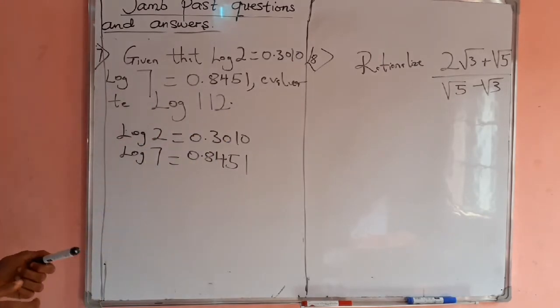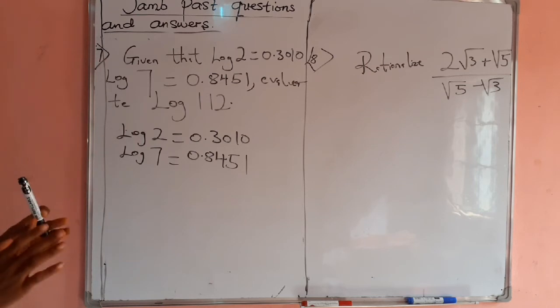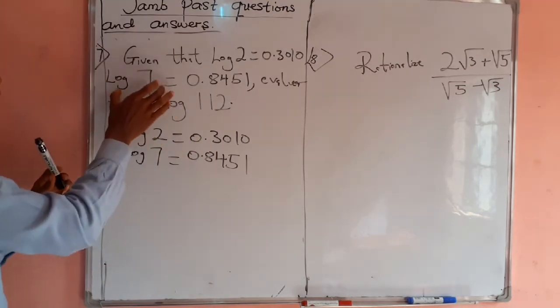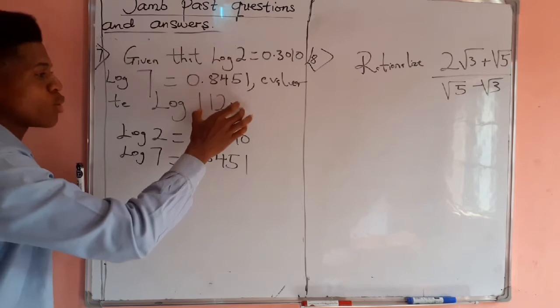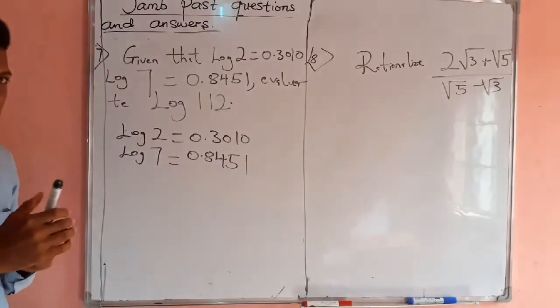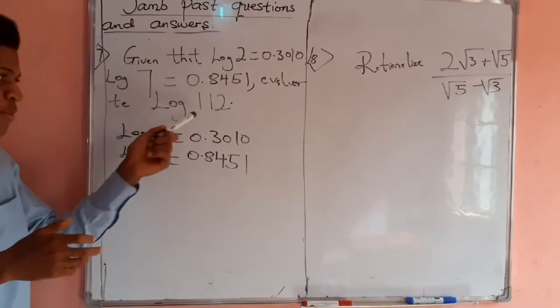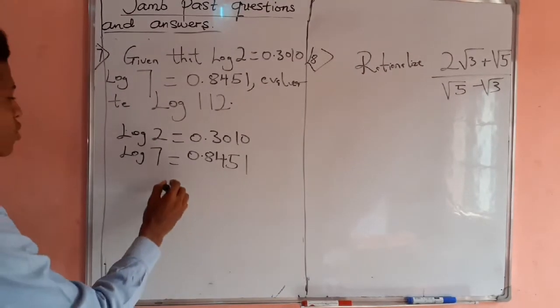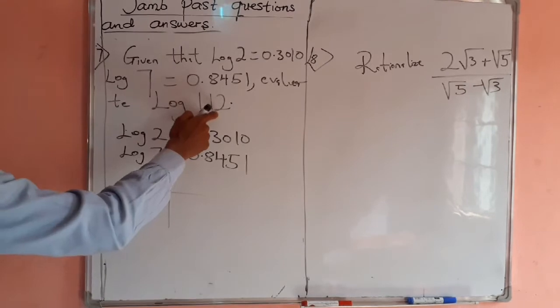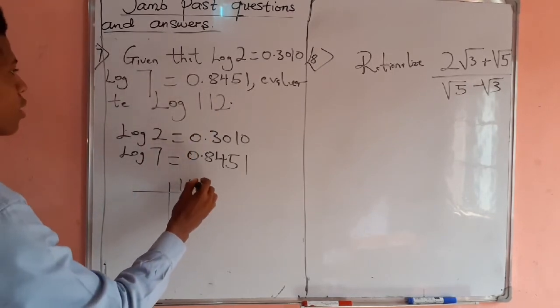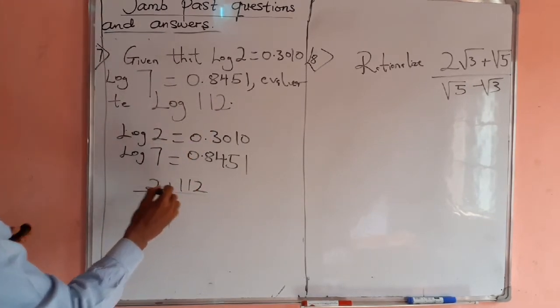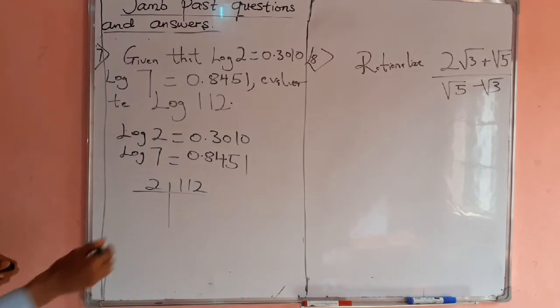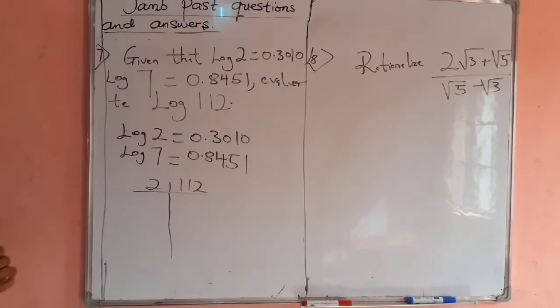This is very simple. What you're going to do, you're going to find how many 7 and how many 2 are in 112. And how do you intend to do that? You want to find the factors of 112. Using 2 now. We're going to be using 2 because it's an even number. So let's use 2 to find the factors of 112.